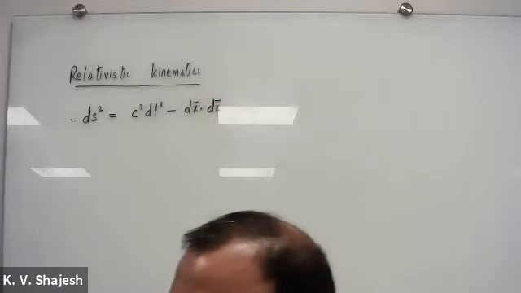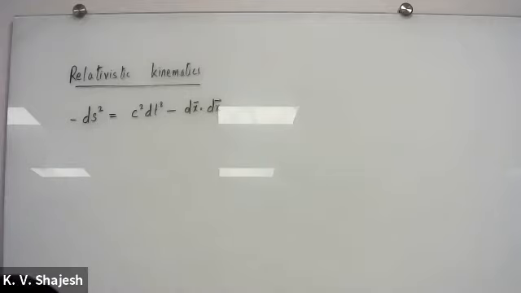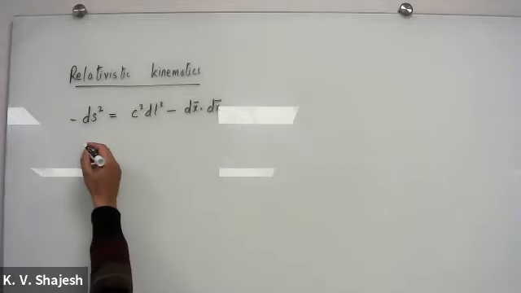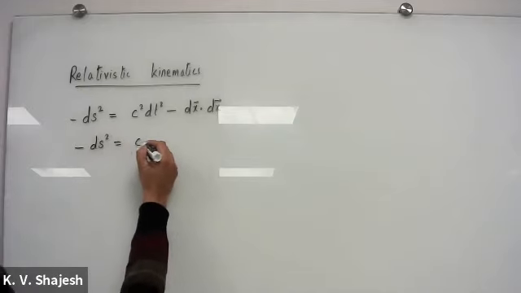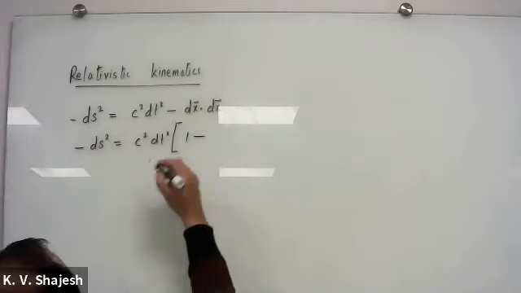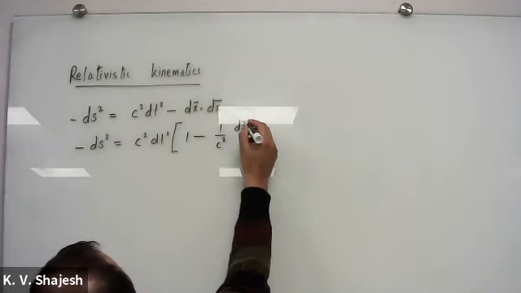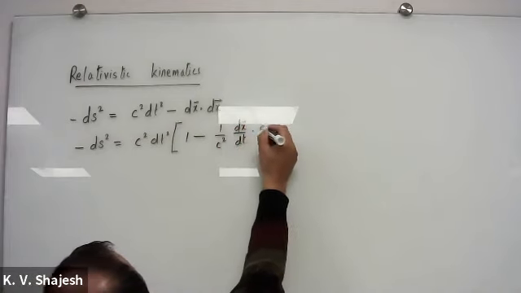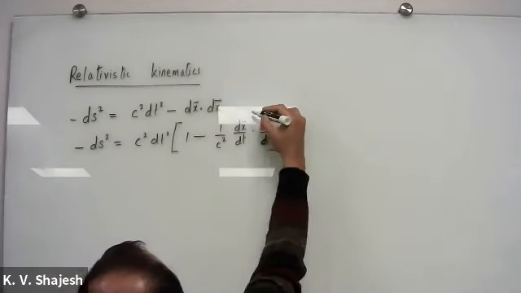That's your definition of invariant distance ds. It's convenient to write this as ds squared is c squared dt squared times 1 minus v squared over c squared, that's the velocity.